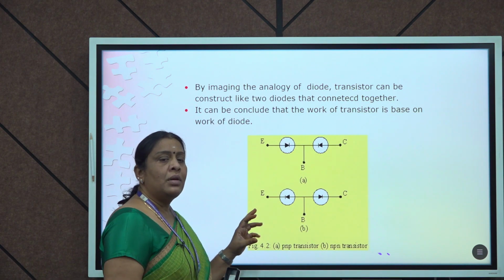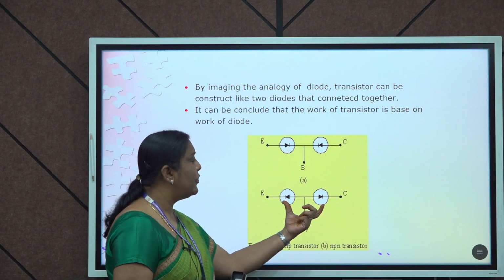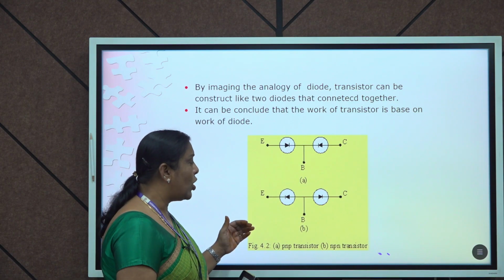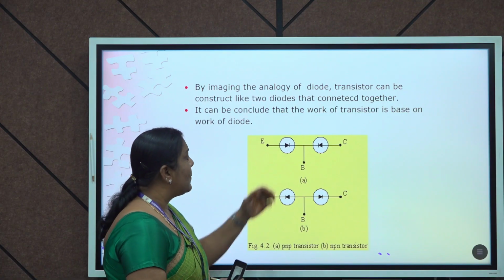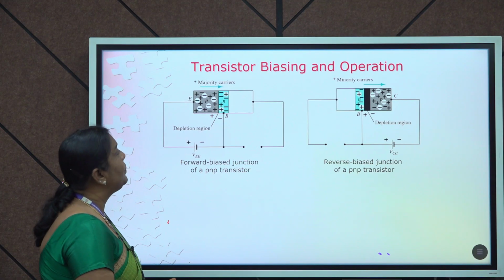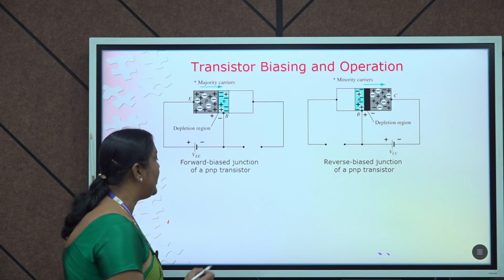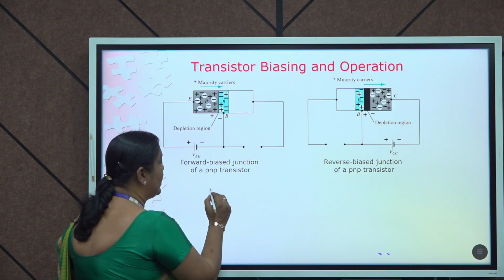This diagram shows two different p-n junctions connected together, which is called a transistor. Then we go to transistor biasing and the operation of PNP or NPN transistors.